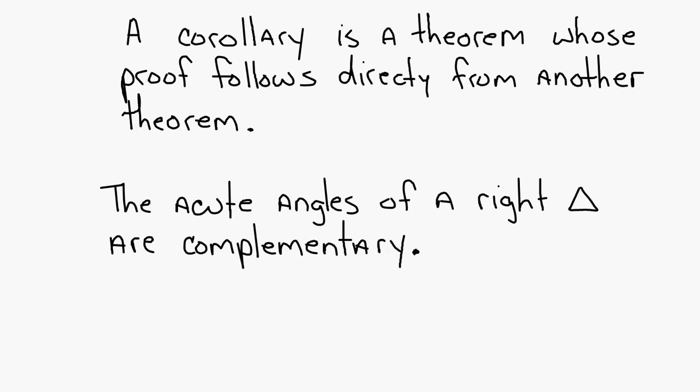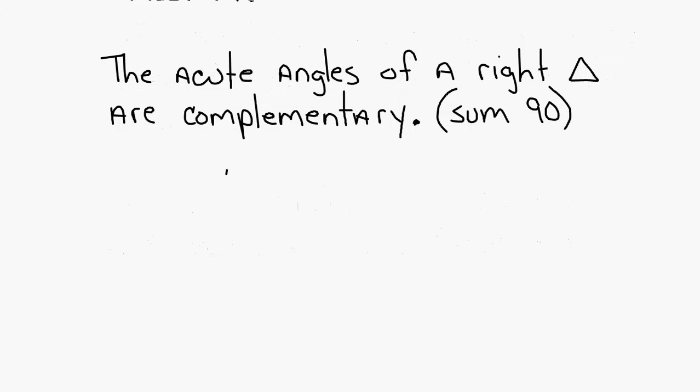And who remembers what complementary means? 90. Good. They sum to 90. The acute angles of a right triangle, well, which ones are those? They're the ones that aren't a 90, aren't they? In a right triangle, you've got one 90-degree angle, don't you?